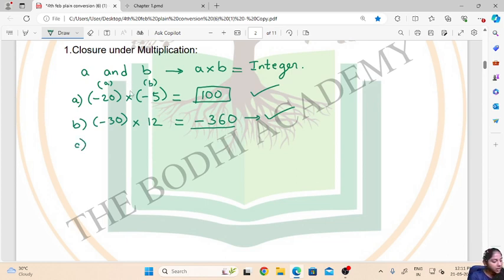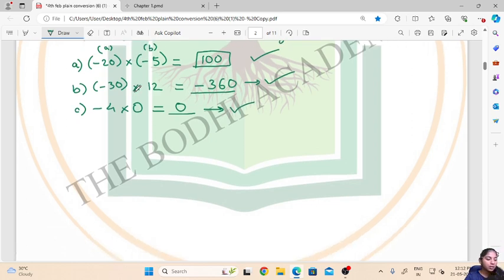Let us try for another one. For example, minus 4 multiplied by 0. We will get the answer as 0. Is 0 an integer? Yes, it is an integer. Then another example is minus 8 into 9.